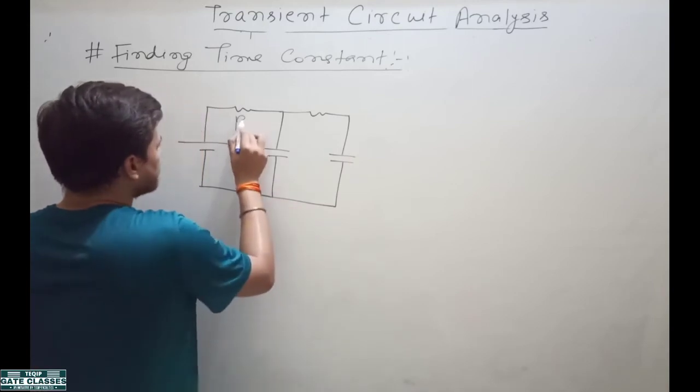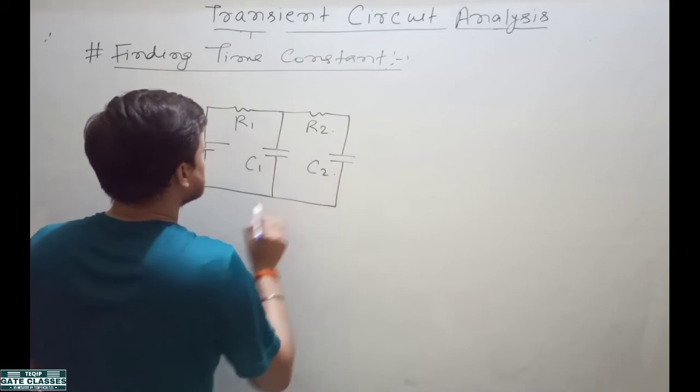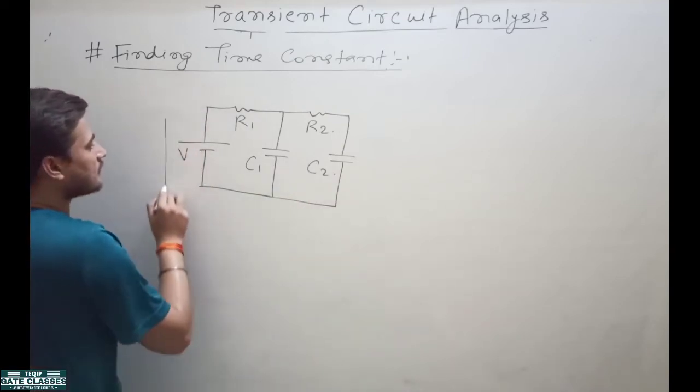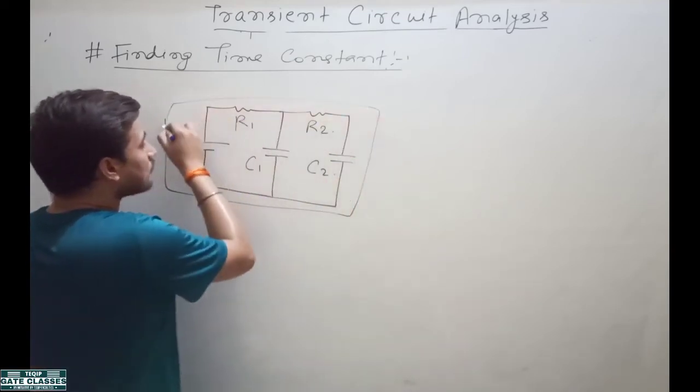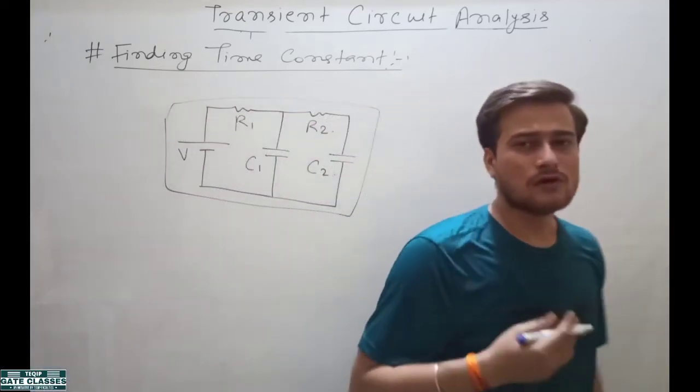This is R1, this is R2, this is C1, this is C2. This is the capacitive circuit given to you. You have to find the time constant of this circuit. So how will you find the time constant?